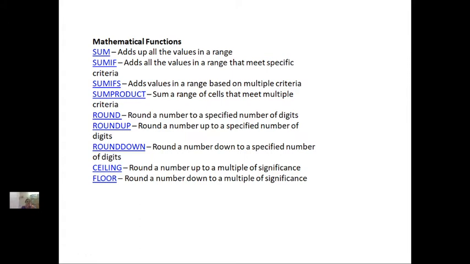The list is: sum, sumifs, sumproduct, round, roundup, rounddown, ceiling, floor. So what is this sum function? Sum adds up all the values in a range. It gives the total of all the values that exist in the range, that is, a series of cells.